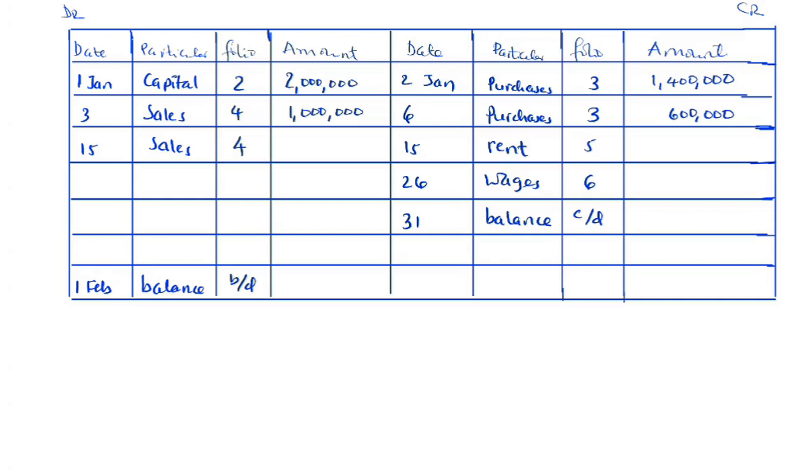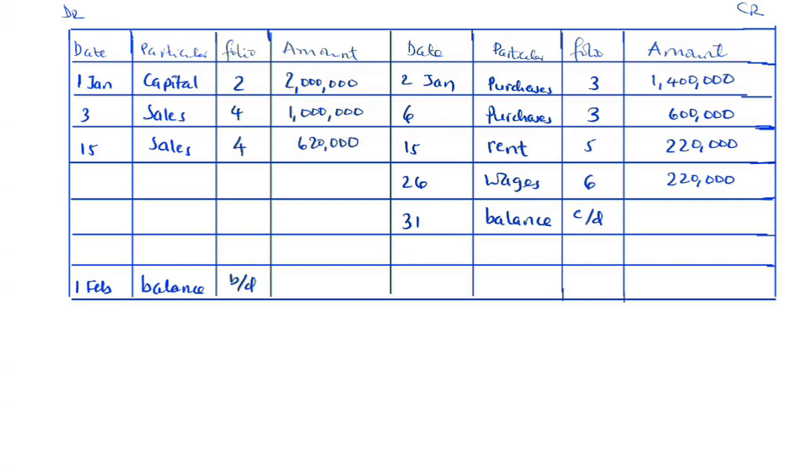Next, we record payment of rent for cash 220,000. And next we record the wages payment by cash 220,000. On 15th, we record the cash sales of 620,000.